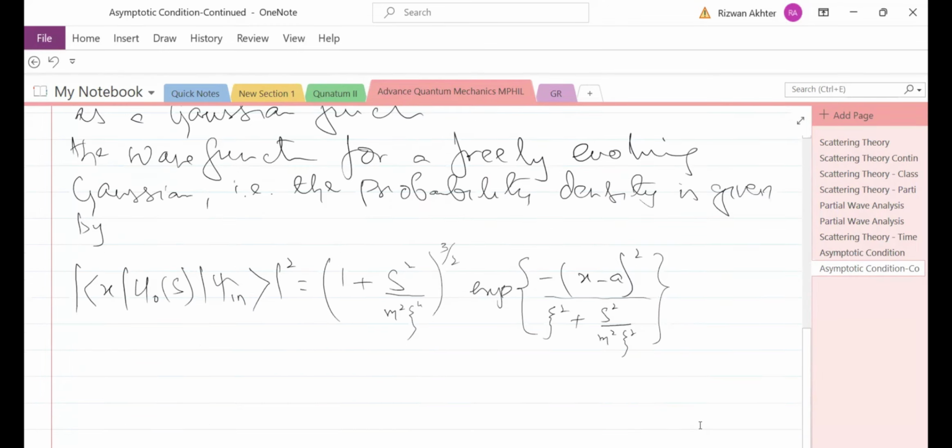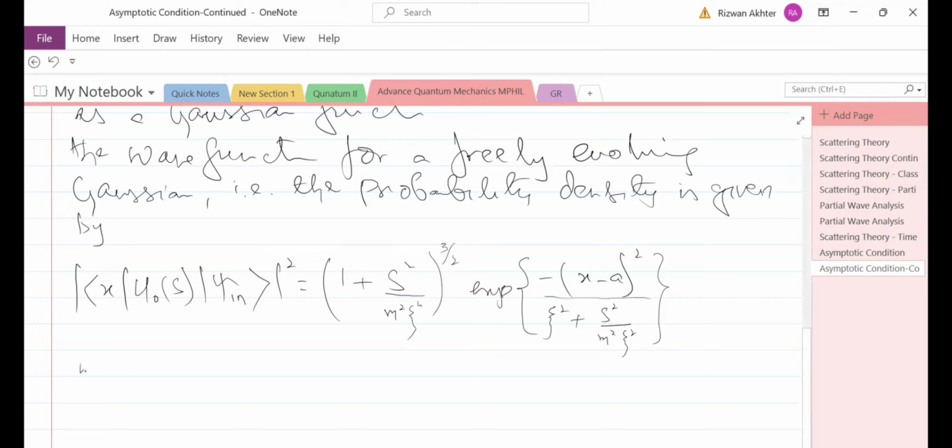And s is a factor which describes the evolution in time, that is, the Gaussian spreads out by a width s in this time.